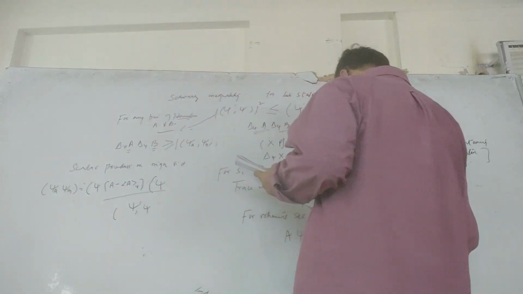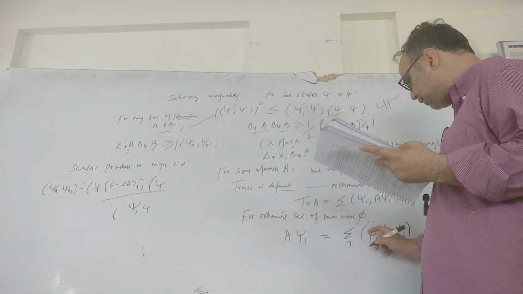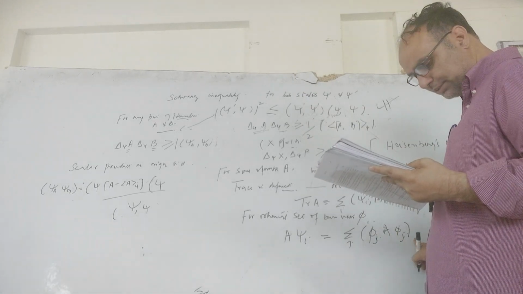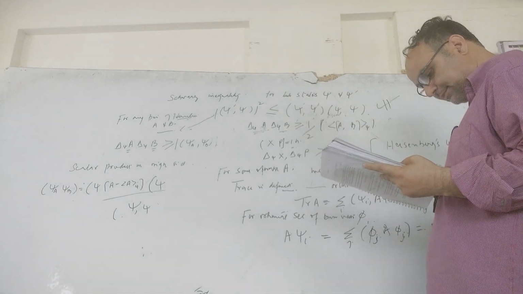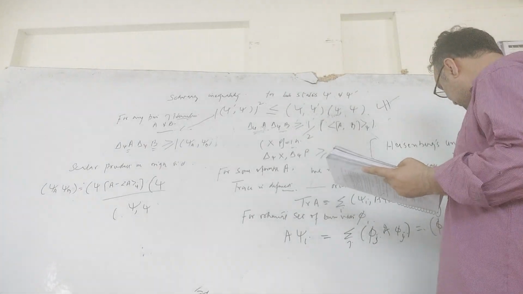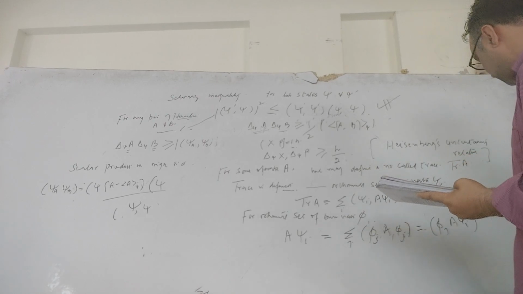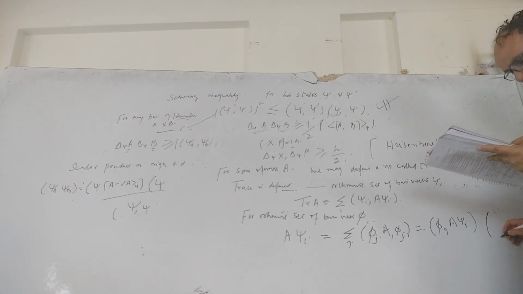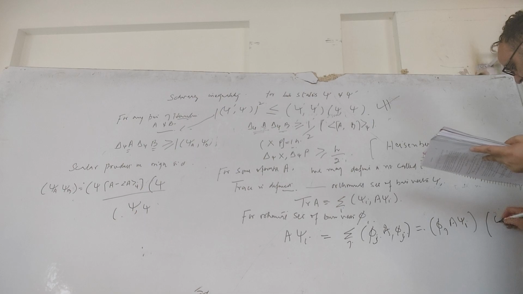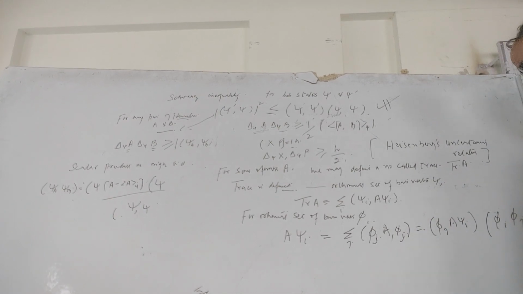Or if you want to write it in terms of psi, you can write it as phi j A psi i and phi i phi j. You can write it like this.